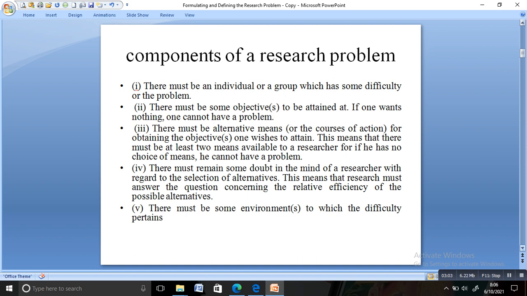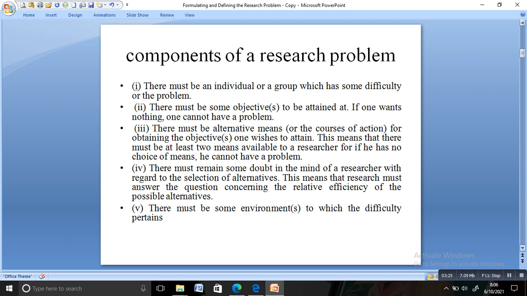You should have two or more means for finding out the answer, and always there should be some doubt inside us so that we will be finding the answer. I hope now you are clear. You are planning to do a research and so many questions, doubts are arising in you.